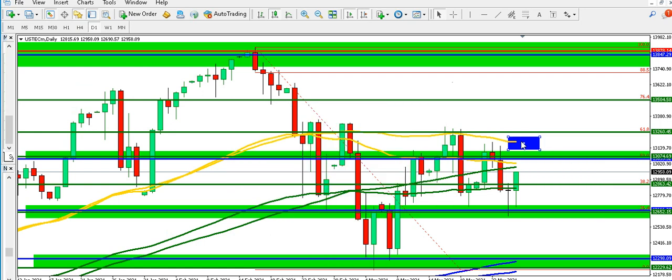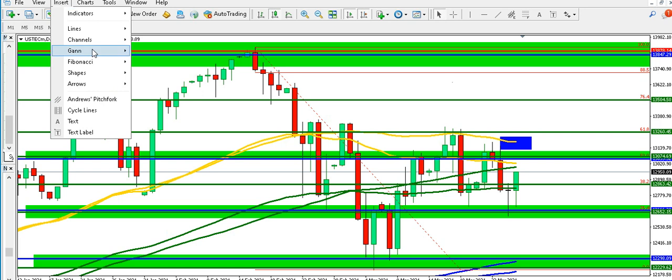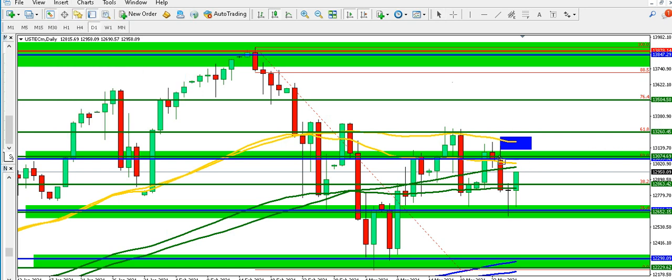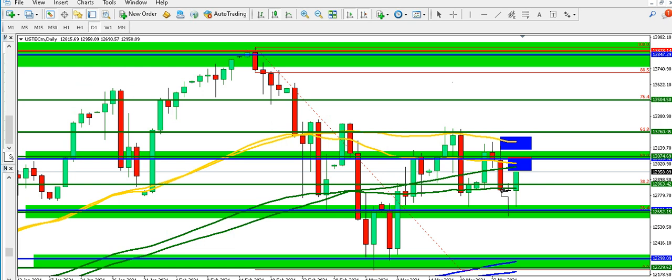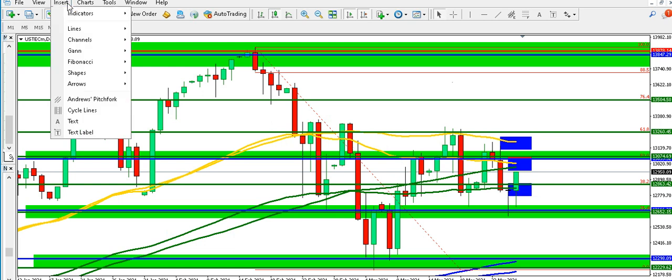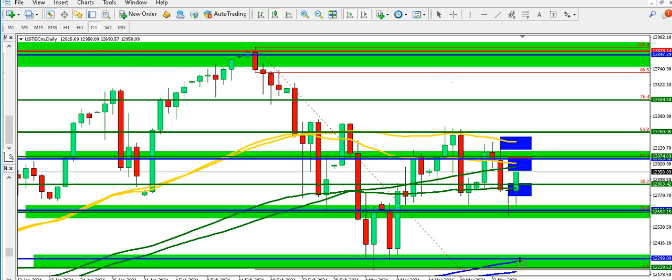Okay. Now this is a resistance to price. This is another resistance to price. Okay. Now this is support to price. This is another support to price here.